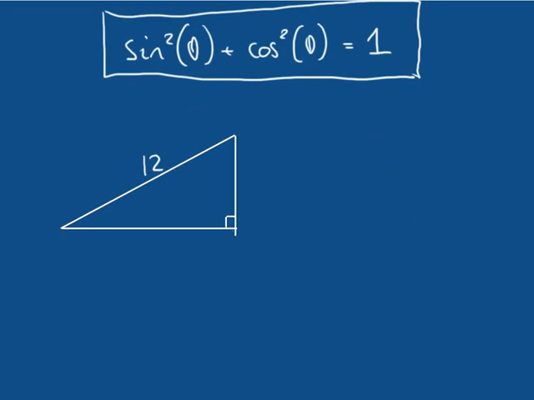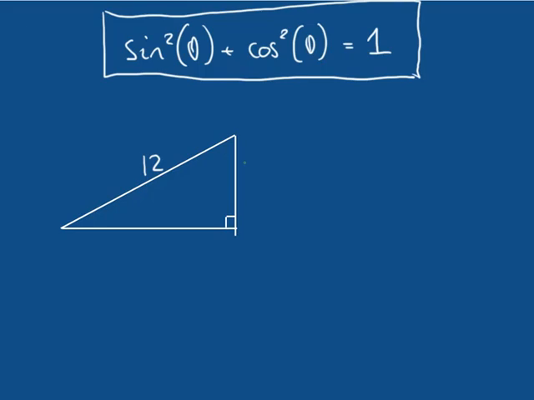Now, if we were to try and find the length of this base edge, we can't currently do it. We don't know the length of our third edge, which means we can't use Pythagoras to find the length of that unknown edge. And we also don't have either of the two angles to be able to apply our trigonometric ratios to find the length of the edge.